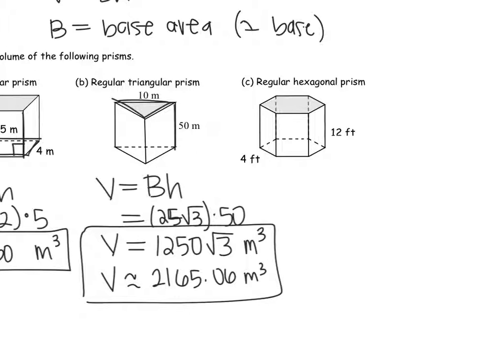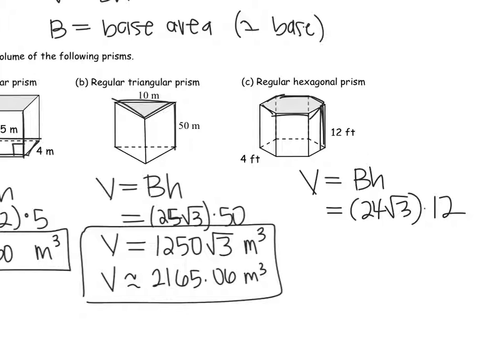Lastly, we have our hexagonal prism. So volume is the area of one base times the height. So the area of one of our bases was 24 square root 3. We have our hexagon. And then our height is 12.